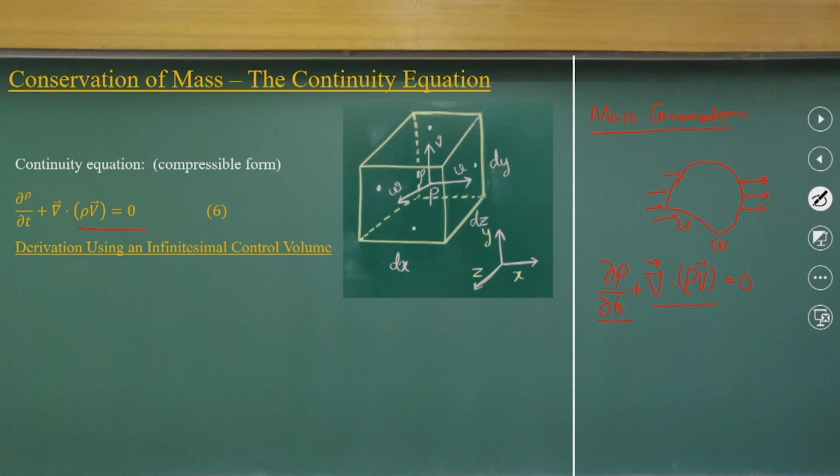Instead of looking at this vector notation, we can look at a small, infinitely small control volume, which can be simplified as a parallelepiped or box, where we put the coordinates x, y, z, and along these directions we have dx, dy and dz. So, this is our control volume in Cartesian coordinates.